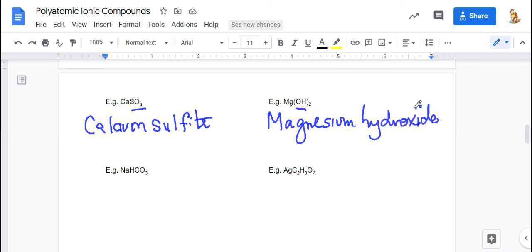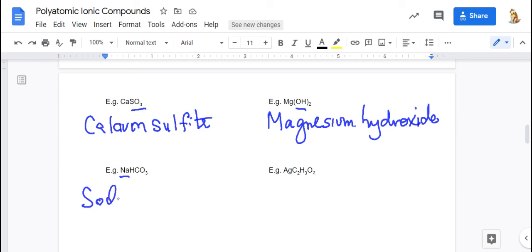You must use your polyatomic ions. This is not magnesium, oxygen, hydrogen, ide. So magnesium hydroxide. You look for the grouping of atoms and find them in the table until you get proficient. Now this second last example, we have sodium.